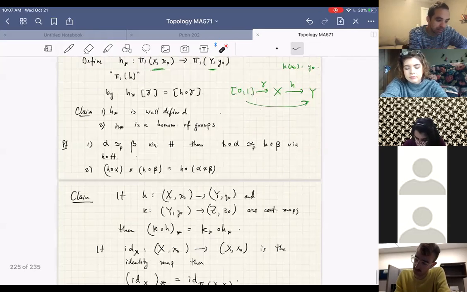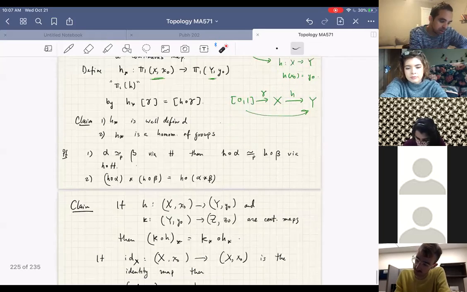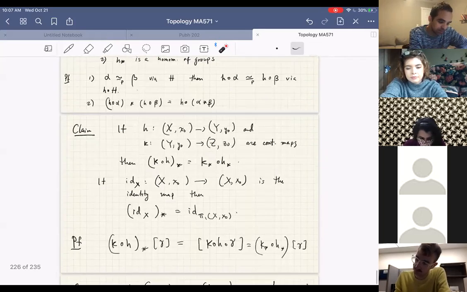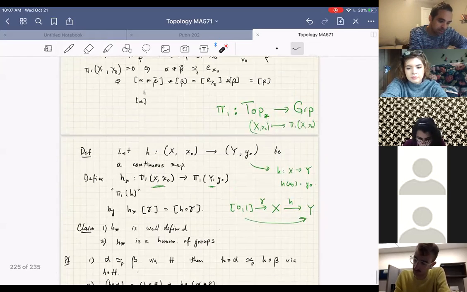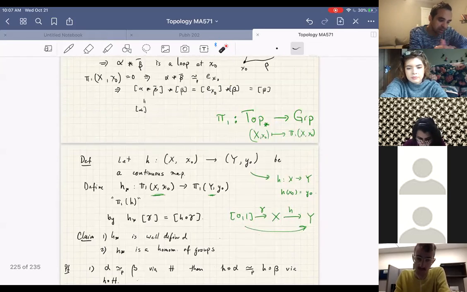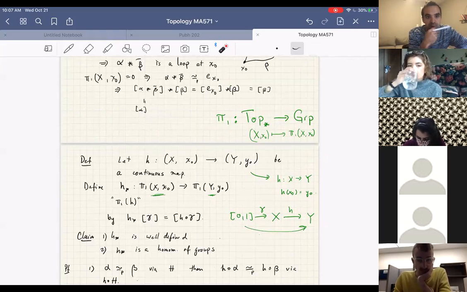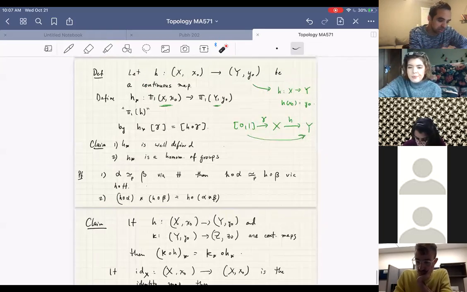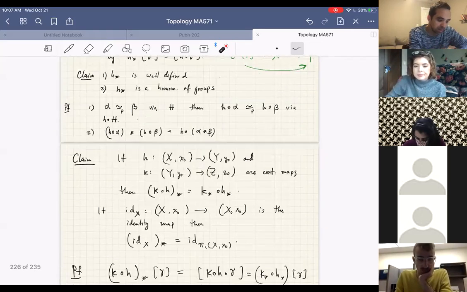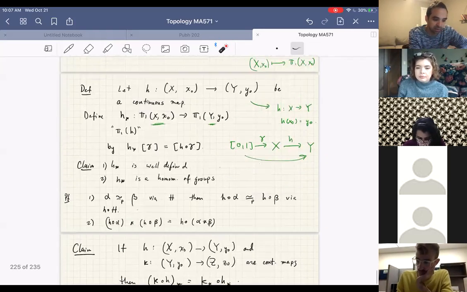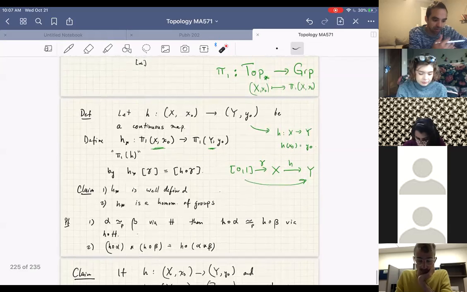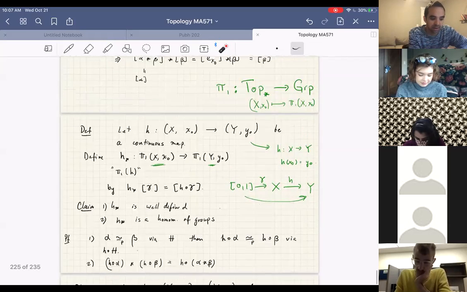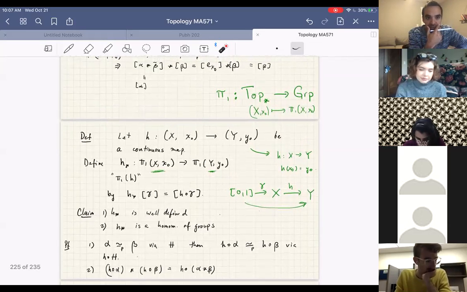Now all these claims imply that pi1 is what is called a functor. You see this situation repeatedly in different contexts of mathematics, and there's a language that works for all of these contexts, which is called category theory, but it's not needed for this course.